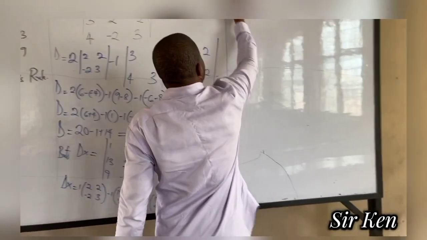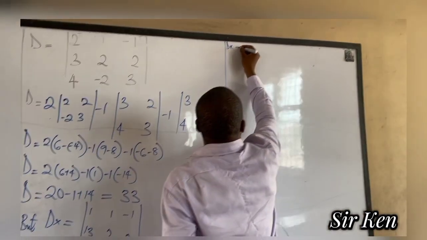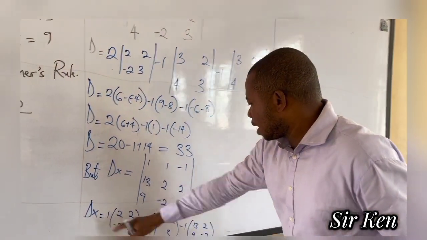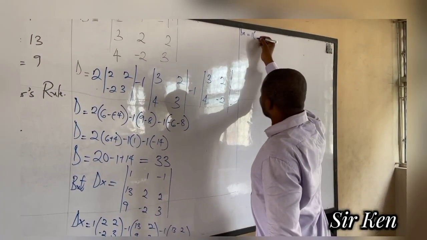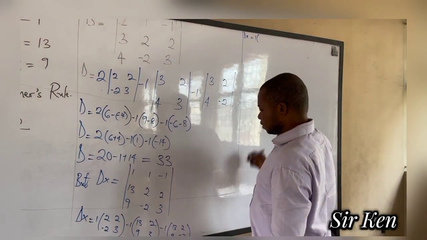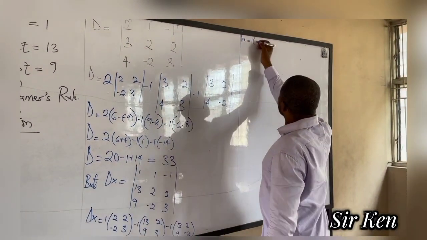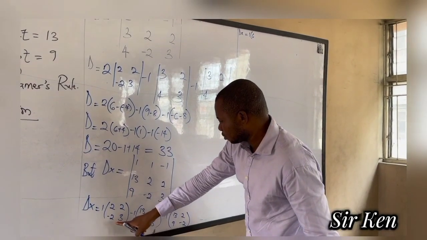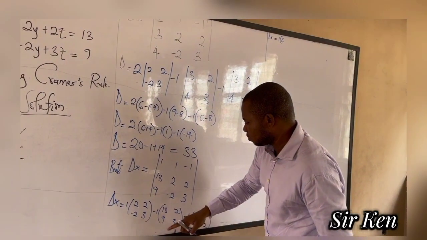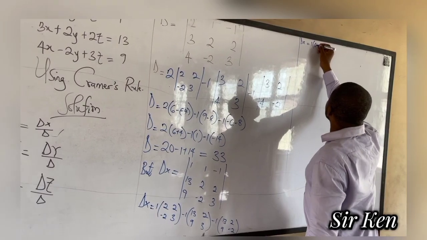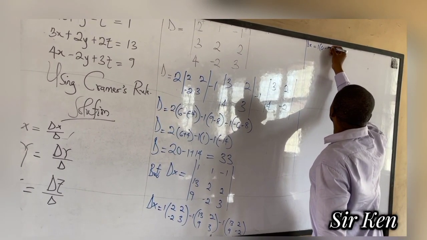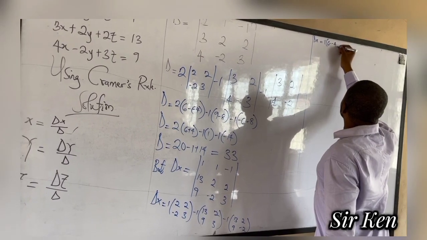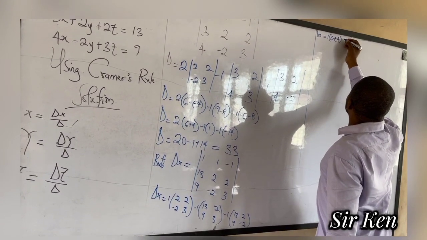Now my dx becomes 1 into 2 times 3, that is 6, minus 2 times 2 will give me minus 4. So it becomes 6 minus 4. This is minus 4, so bracket it.